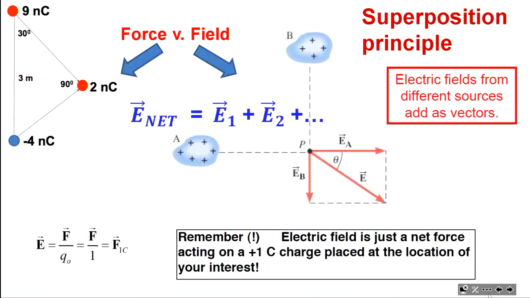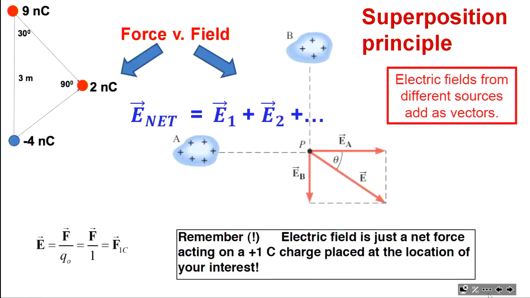Now, what do we do if we have several source charges? We use the same idea we used for forces. When several forces act, we need to calculate the net force, which is, according to the definition, just the sum of each individual vector force.